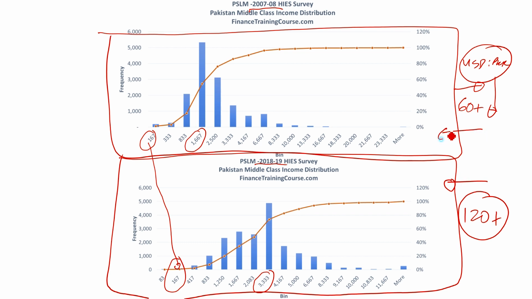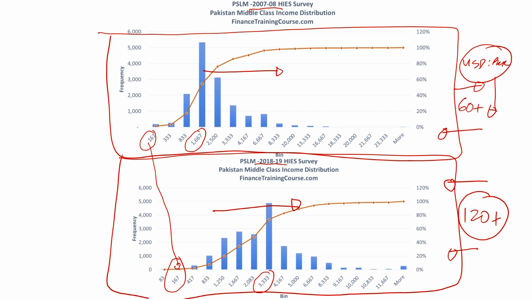So this is dollar adjusted income. And as per the PSLM data set, you can clearly see that even adjusting for inflation and the depreciation in the USD PKR exchange rate, there has certainly been a shift. The distribution is moving on this specific side.